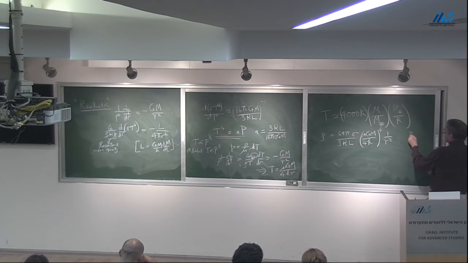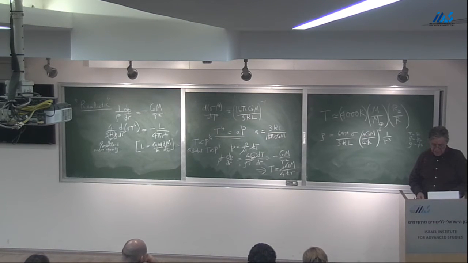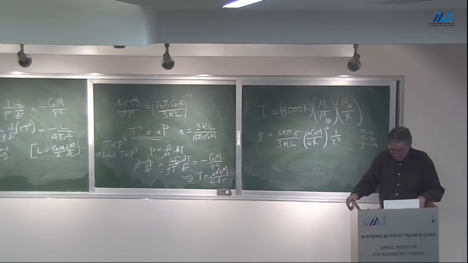So, of course, the temperature goes like 1 upon r, the pressure goes like 1 upon r to the 4th, and the density goes like 1 upon r cubed. You can see that satisfies both radiative equilibrium and equation of ideal gas. This, by the way, is called the radiative zero solution. It's a well-known thing in the history of stellar models.